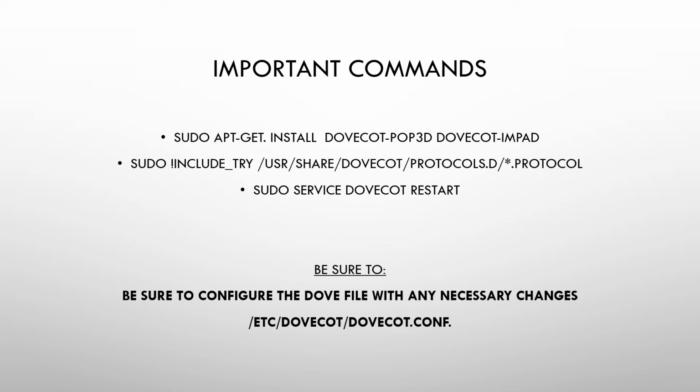Essentially, /etc/dovecot/dovecot.conf is the file you're going to be looking for to configure. It's the default file on the system. Once you configure that file, you can decide wherever you want the mail to go and what path you want it to take. Configuring that file essentially gives you that option.